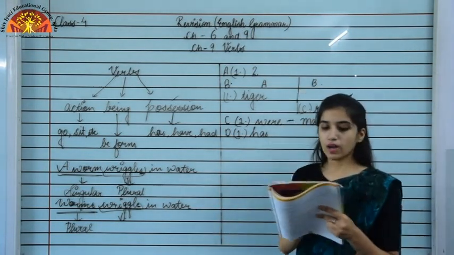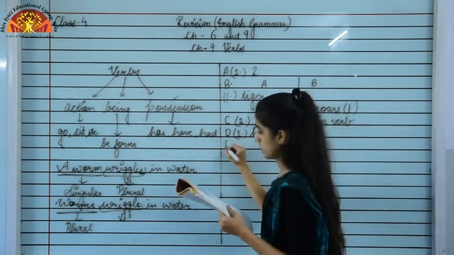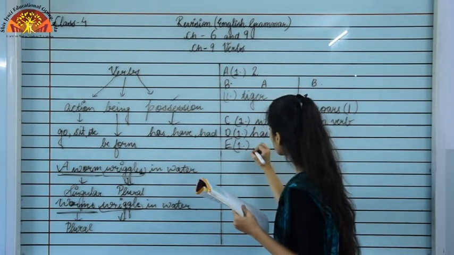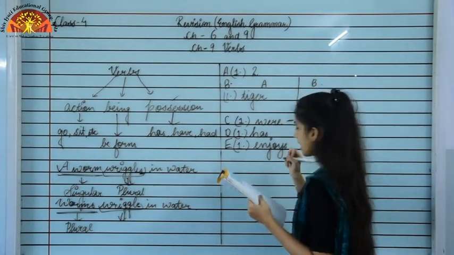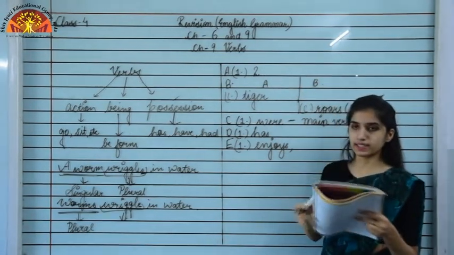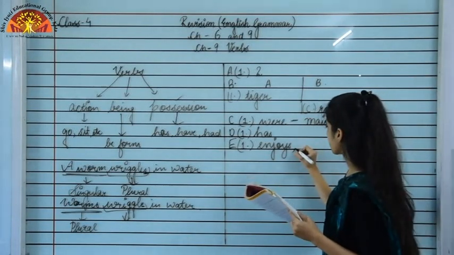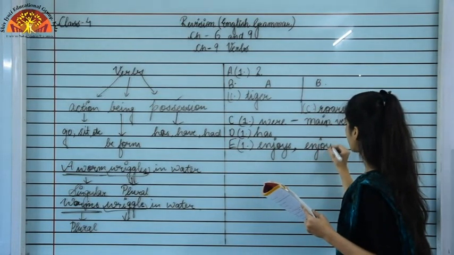So Rani enjoys. In the first blank, enjoys will come, and in the second blank, her friends. Now the subject becomes plural, and for that the verb would be singular form removed, so enjoy will come.